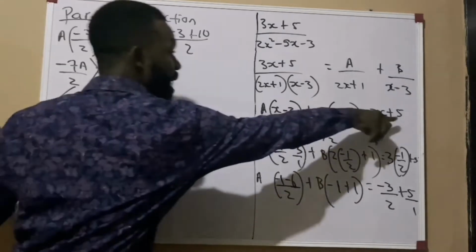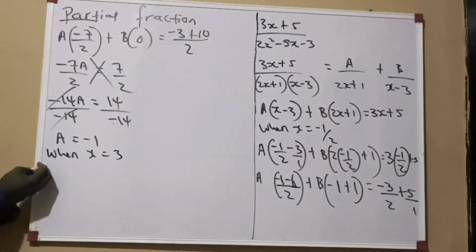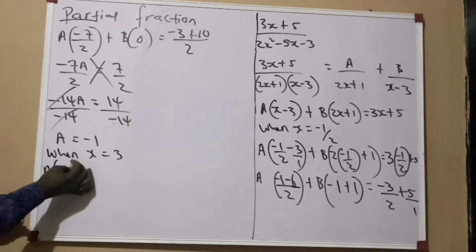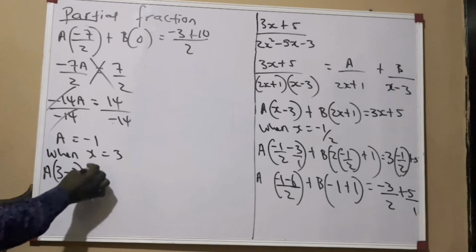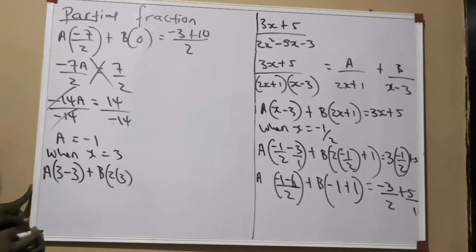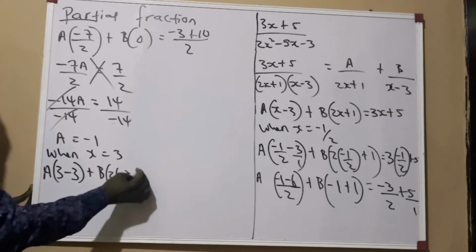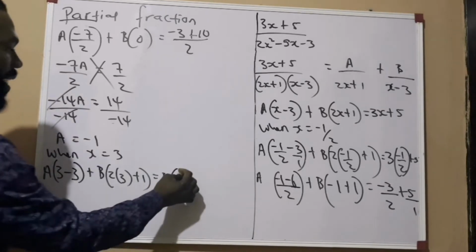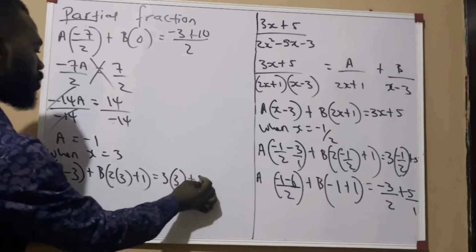So I will come again here, it becomes A into bracket 3 minus 3 plus B into bracket 2 times 3, because X now is 3, plus 1 equal to 3 into bracket 3 plus 5.